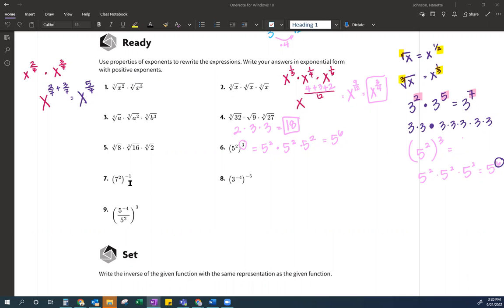I explained that in another video, so go ahead and watch that video, and it'll help you understand this one, and this one. If exponents are not your jam, and you're confused on them, go watch that. I think there's an exponent video that I made that will make more sense of this.